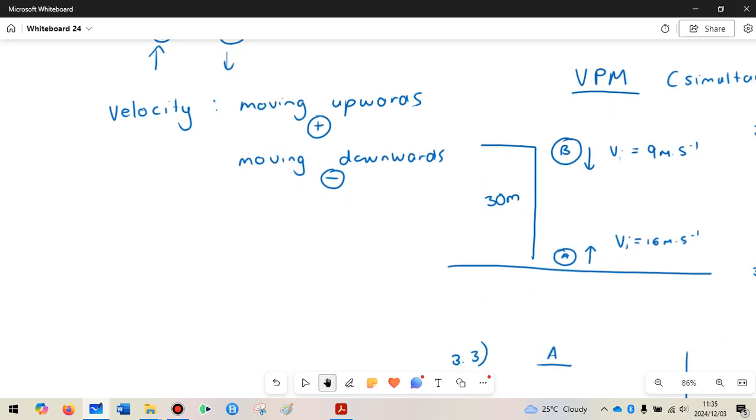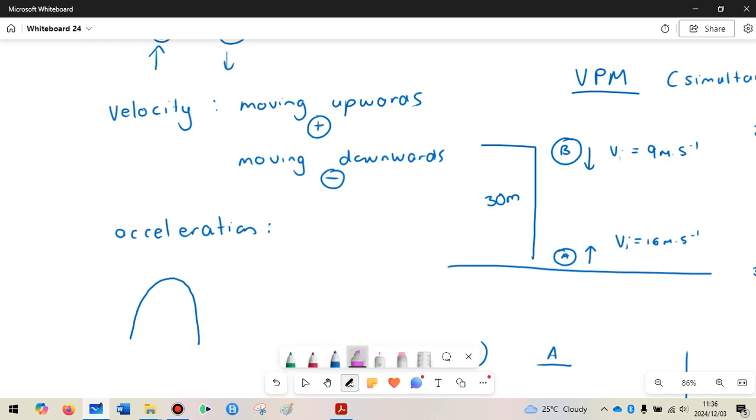Acceleration is a little bit trickier. Acceleration doesn't just have to do with the direction that you're moving in, it also has to do with whether you are accelerating or decelerating. So let's look at A's motion. For the first part of the motion, that object is moving in the original direction, which we've assigned as positive.